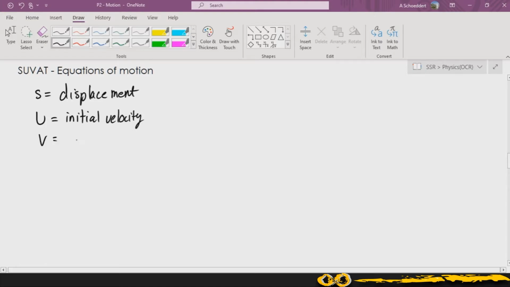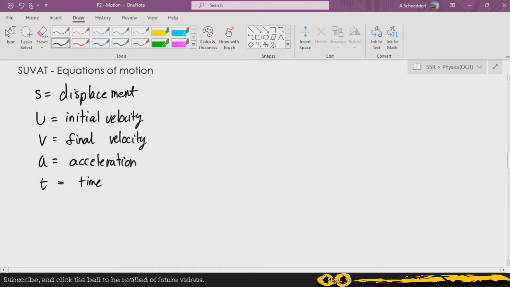V stands for final velocity. A is the acceleration, and T is the time. Notice that S, U, V, and A are all vector quantities. Time obviously can't have a direction to it, and so it is a scalar quantity.